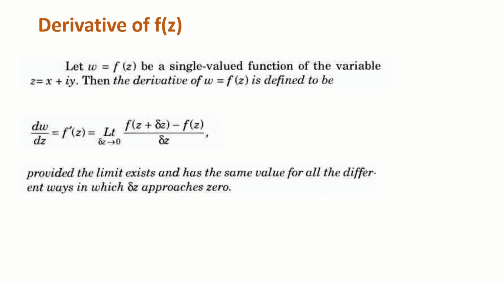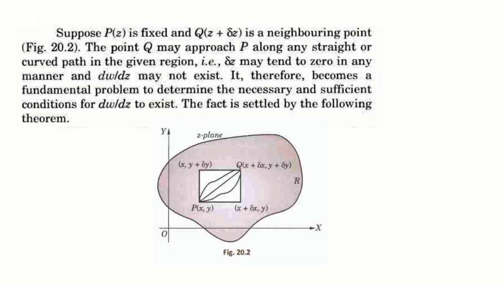It should not be that for certain ways I get a certain value of the limit, and for other ways I get a different value. Then that doesn't work, and the limit would not exist. So for all the possible ways of approaching a point, I need the limit to exist in order to define a derivative.